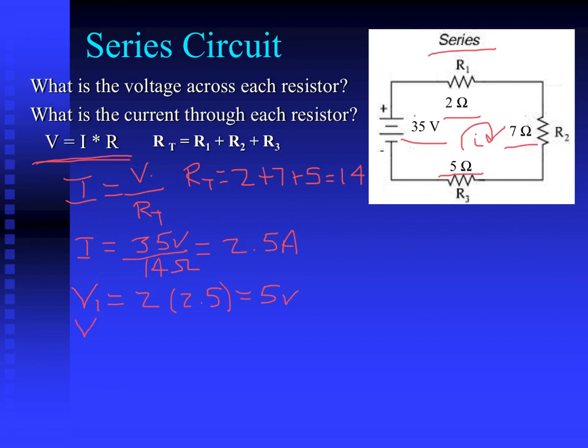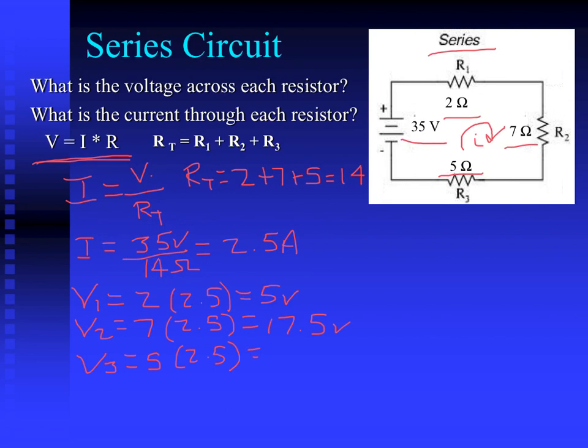The voltage across the second resistor will be the 7 ohm resistor times the same current, 2.5, so we'll have 17.5 volts.